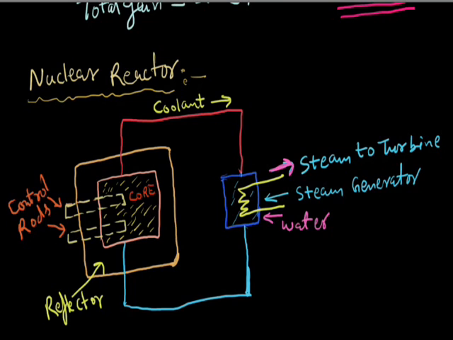So this process is nothing but a different way to convert water into steam. We are using controlled nuclear fission energy to convert water into steam, getting energy out of it. The heat energy is converting into mechanical energy, the power of the steam, and then mechanical energy is turning the turbine and generating the power for us. So this is the nuclear reactor in brief.